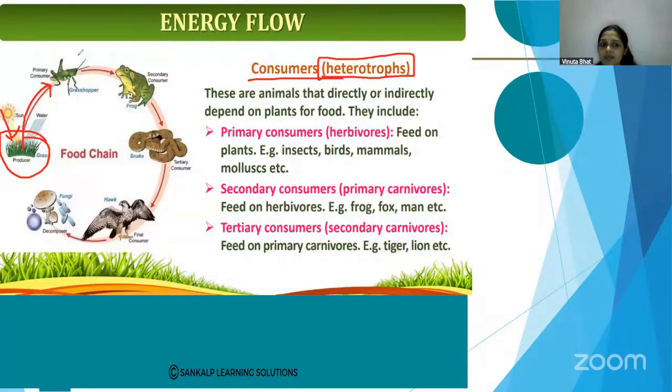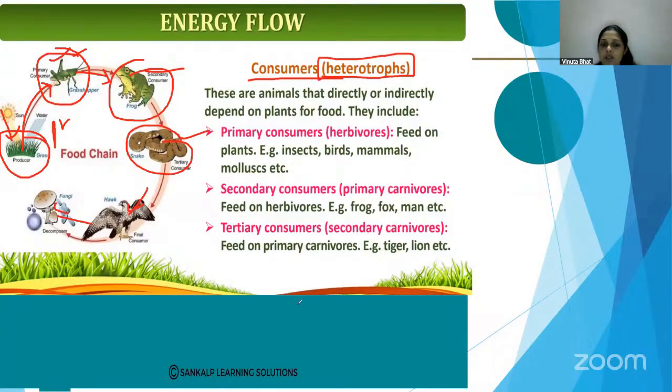Here the grasshopper is called the primary consumer, and the frog which eats the grasshopper is called the secondary consumer, and the tertiary consumer is the snake and the eagle, then the fungi. So like this we can call them primary producer, primary consumer, secondary consumer, tertiary consumer.